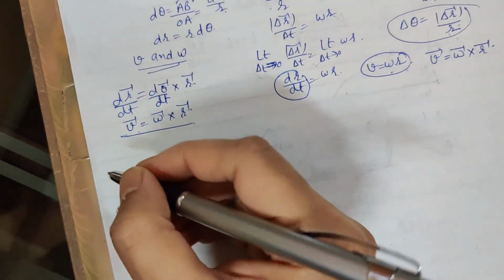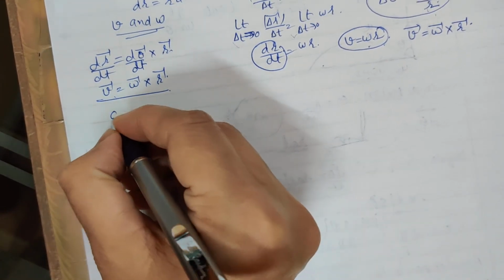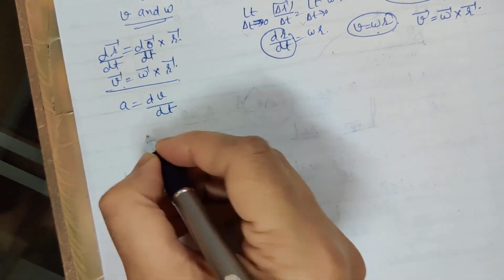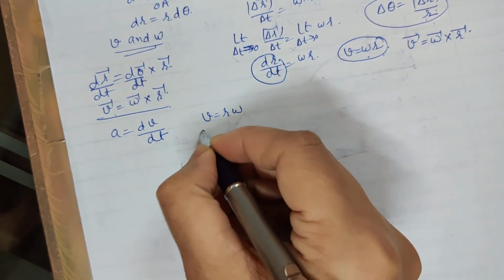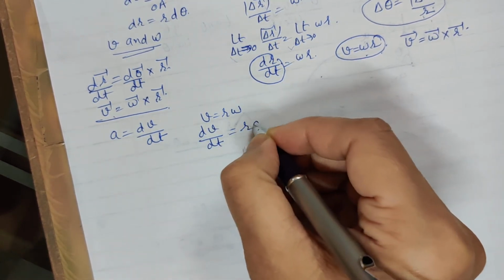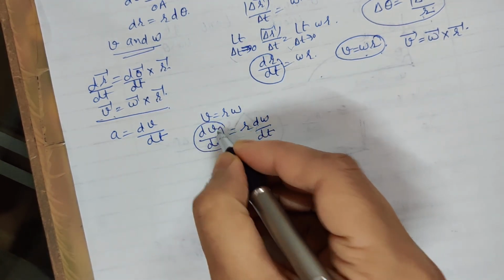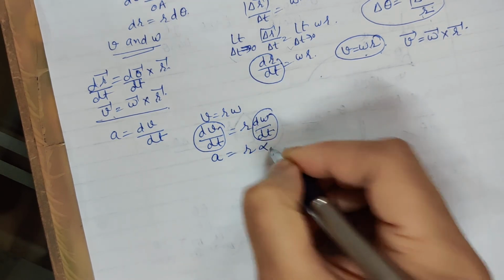Now the relation between angular acceleration and linear acceleration: this is dv upon dt, and the velocity is equal to r omega. Taking the derivative, dv upon dt is r d omega upon dt. Now dv upon dt is called acceleration A, and d omega upon dt is called angular acceleration alpha.